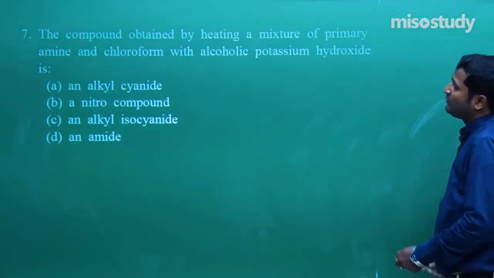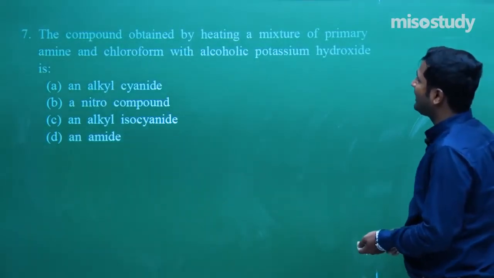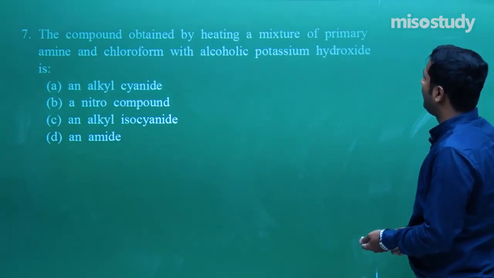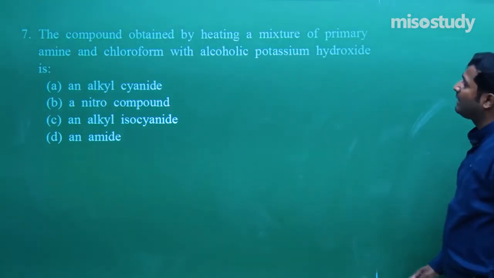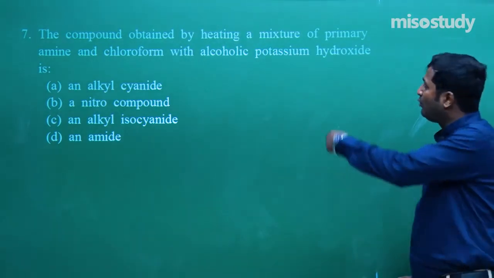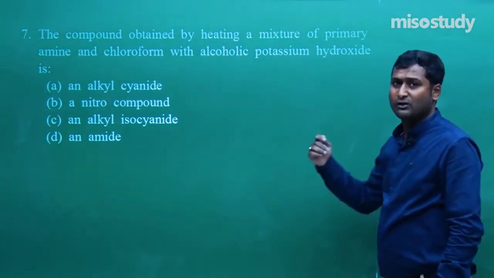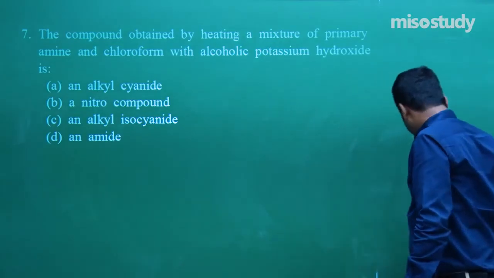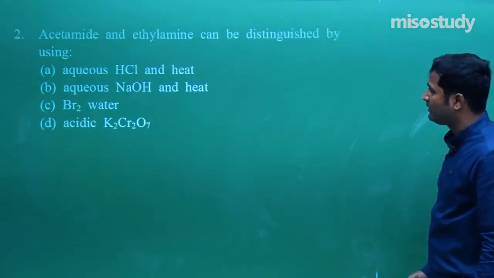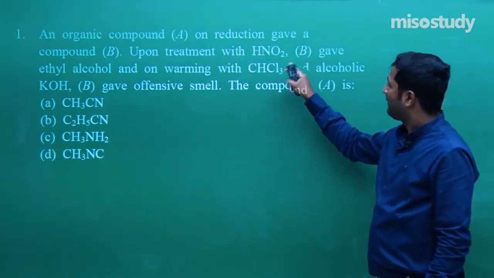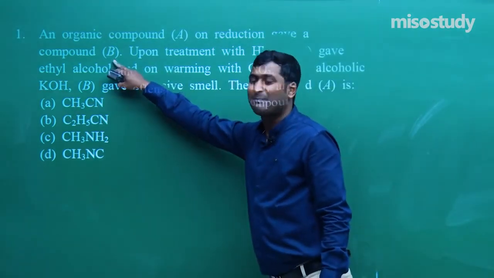Now tell me what will happen. The compound obtained by heating a mixture of primary amine and chloroform with alcoholic potassium hydroxide. I have discussed this question a few minutes ago. Look at this question. B was the primary amine.